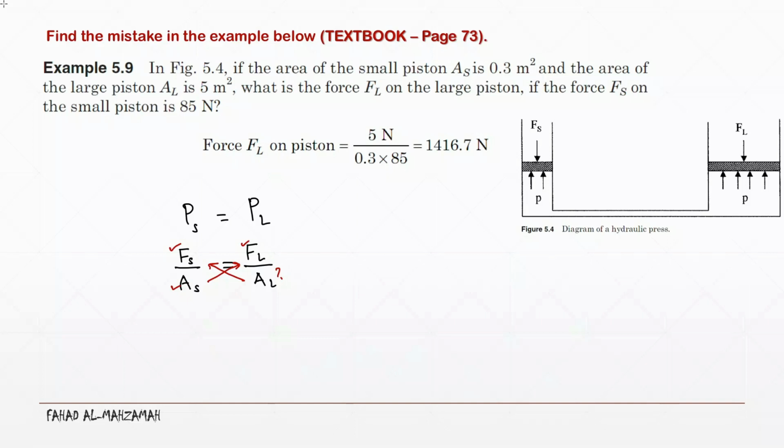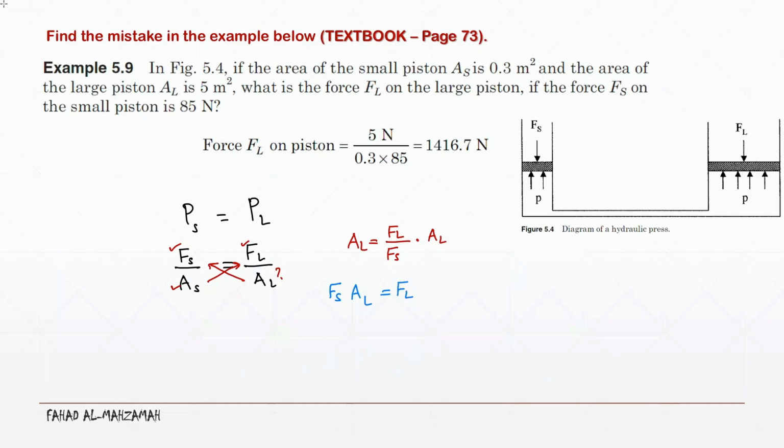So AL is equal to FL over FS multiplied by AS. How do I get this? Because if you cross multiply, you will find that FS is multiplied by AL, and this is equal to the other part of the cross multiplication, FL multiplied by AS.